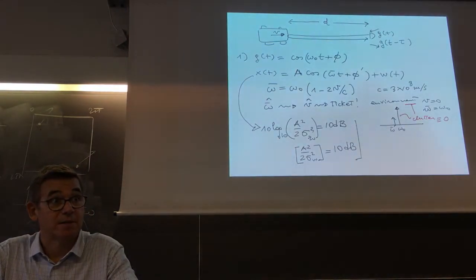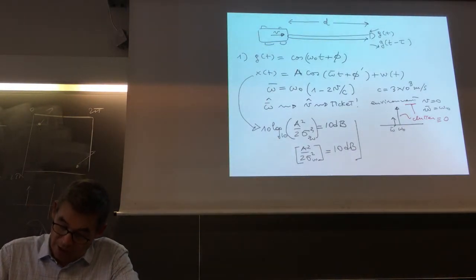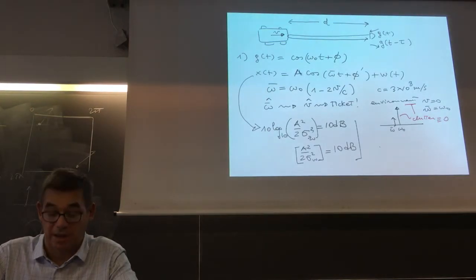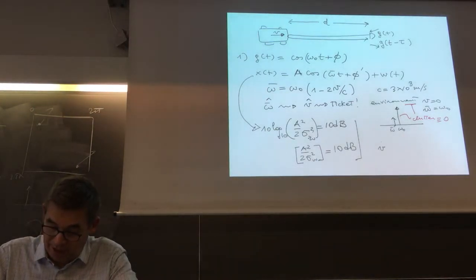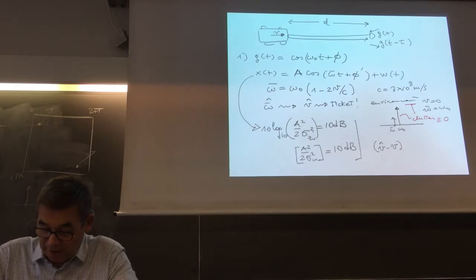Now, I have the uncertainty on the speed. What does it mean? It means that v hat minus v should be approximately within 1 meter per second.